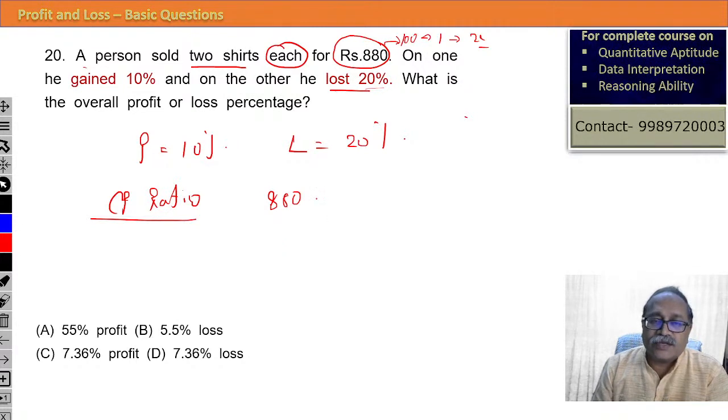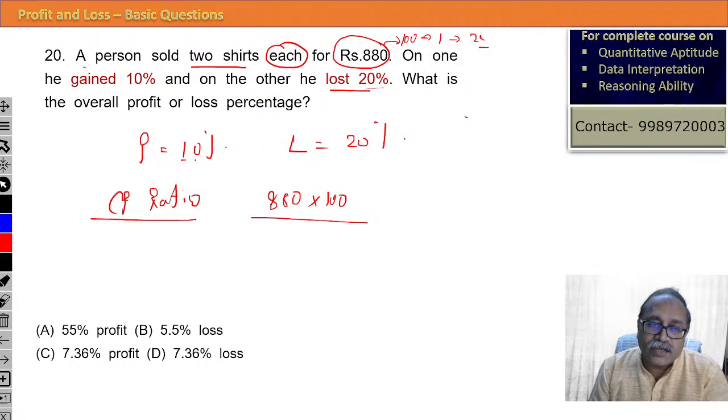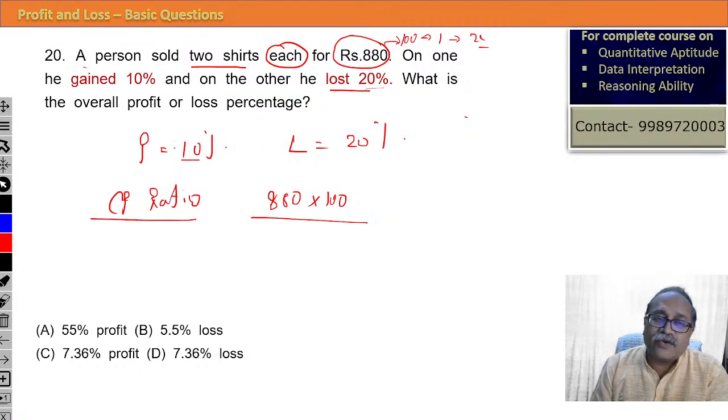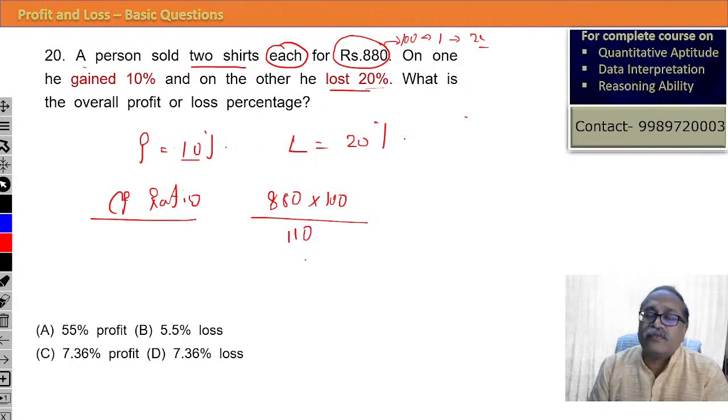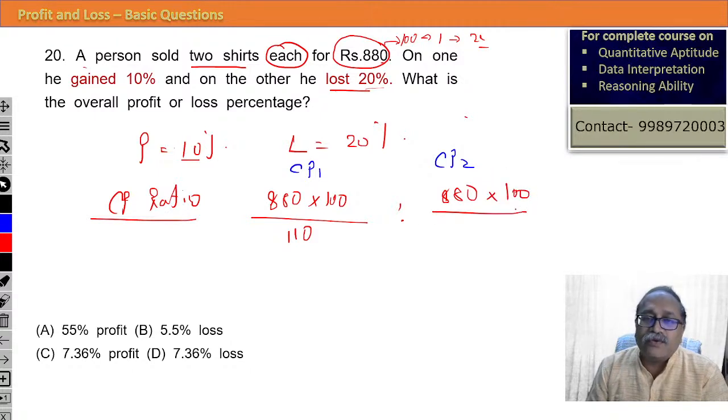Let's find the cost price: into 100 by, in the one case profit of 10%, so 110. This is cost price 1. And what is cost price 2? That's 880. This is CP1 is to CP2. And this CP2 is 880. We need the 100% into 100 divided by, in this case 20% loss, that means it's 80%.